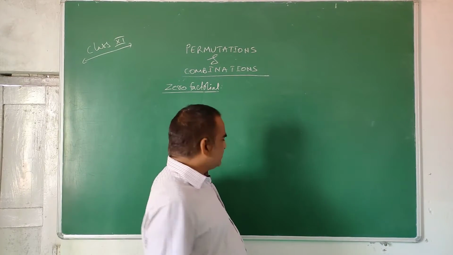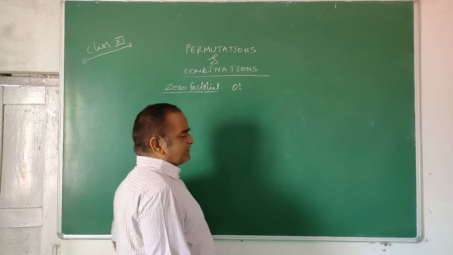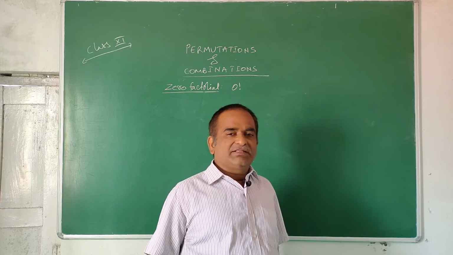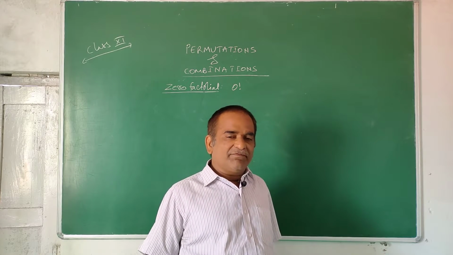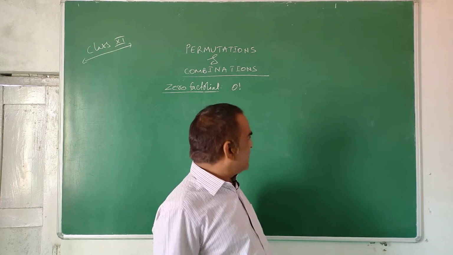So now we are going to discuss about 0 factorial. 0 factorial means the product of the numbers from 1 to 0, which does not make any definite sense.